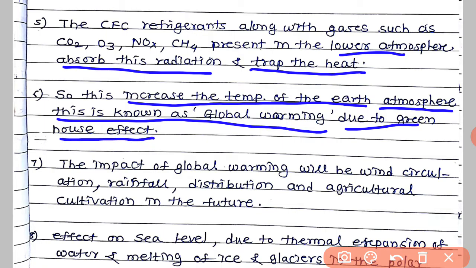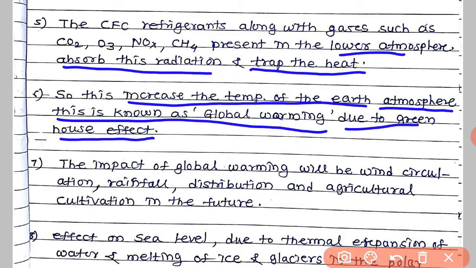So it is necessary that the released radiation must leave the earth, but it is trapped by CFC refrigerant along with some gases, that is CO2, O3, NOx, CH4 present in the lower atmosphere.